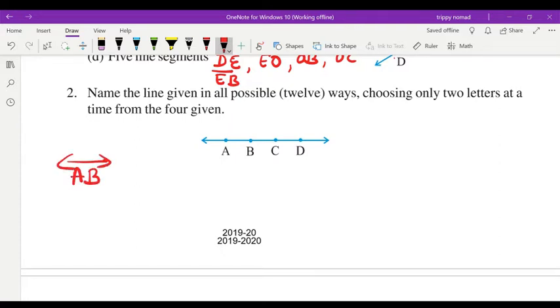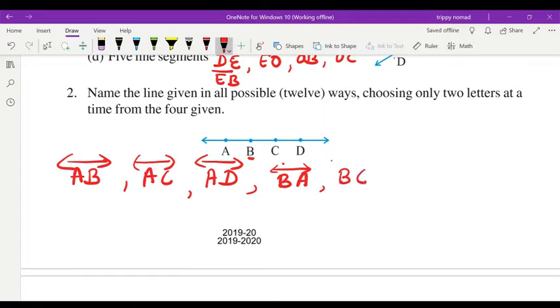Then AC, then AD. Then you start from point B: BA, then BC, then BD.